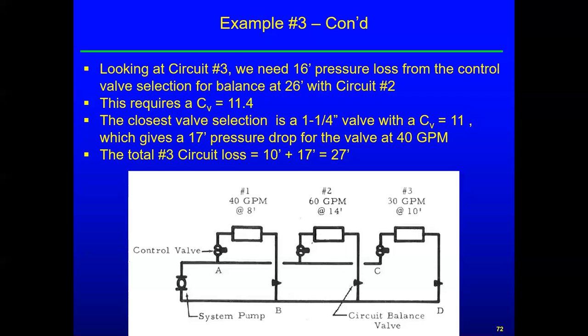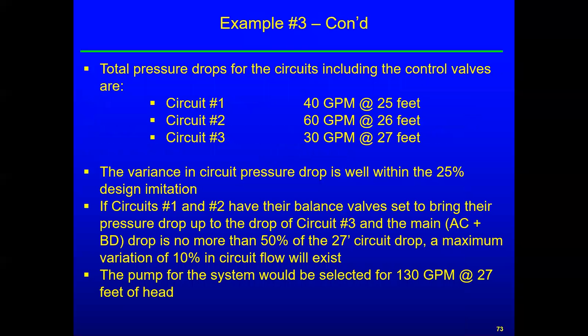We have an 11.4 CV, which gives, when you go back to the equation, a 17-foot pressure drop. 17 and 10 is 27. So now circuit 3 is the highest. Circuit number 2 would have to have 1 foot put in it, and circuit number 1 would have to have another foot for a total of 2 to balance this thing out.